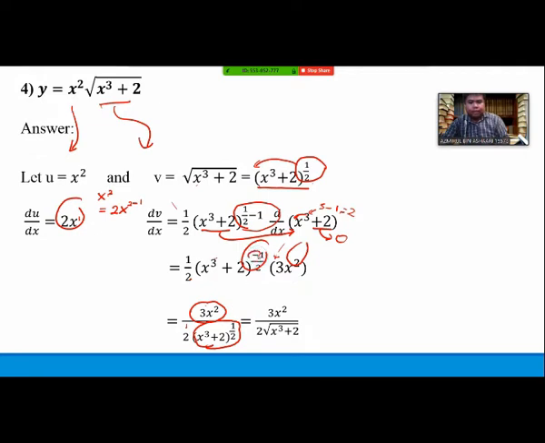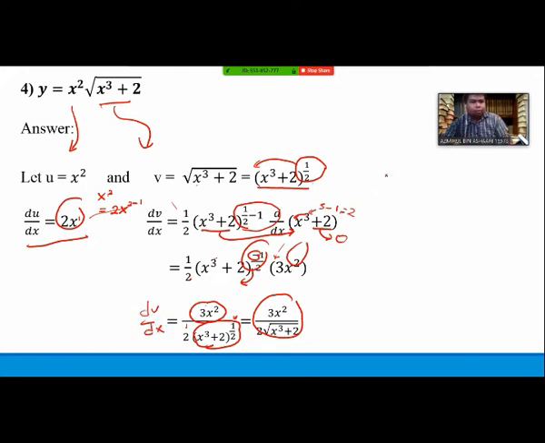Since it is negative, it will go downstairs. Okay, and at the end you will get like this one. So what you will get is du per dx for this one, and this one is for dv per dx.